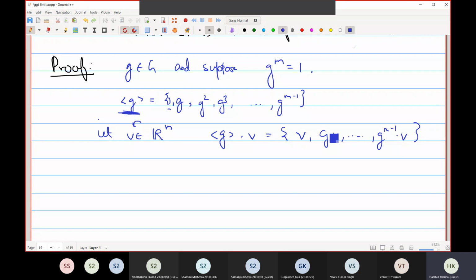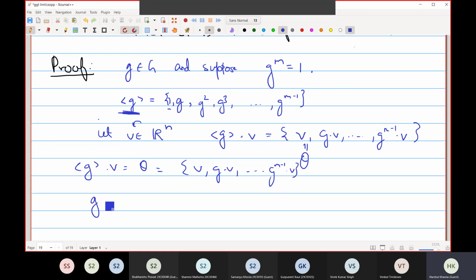So g dot v. Now let's call this set O. So the set of all h dot v for h in the subgroup is equal to O, and that's equal to v, g dot v, till g to the power m minus 1 dot v.